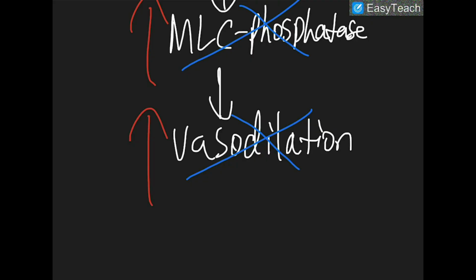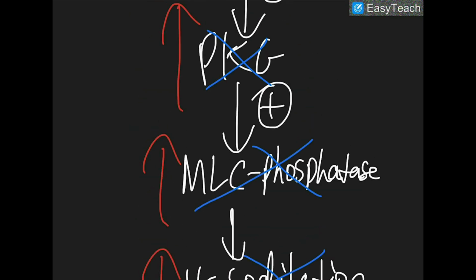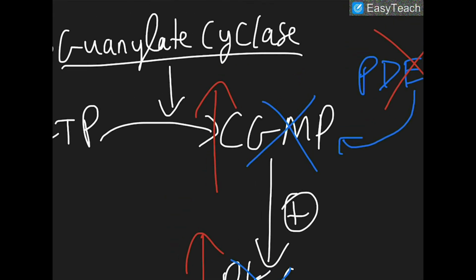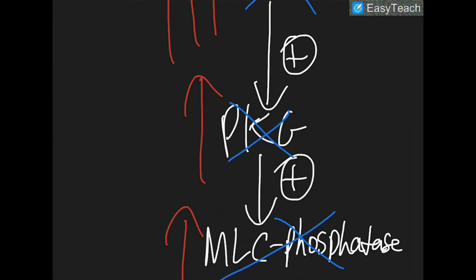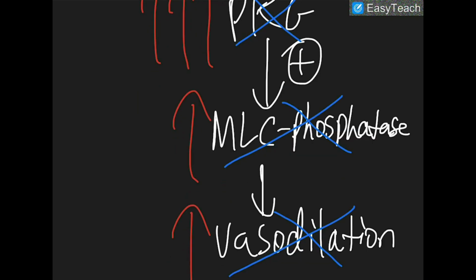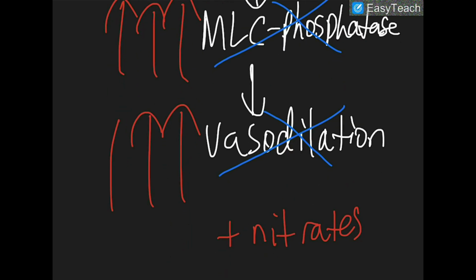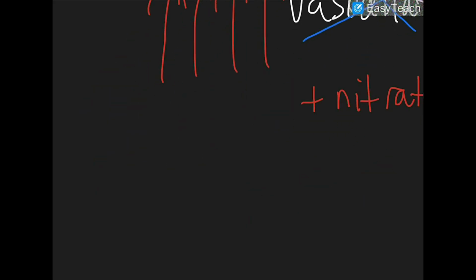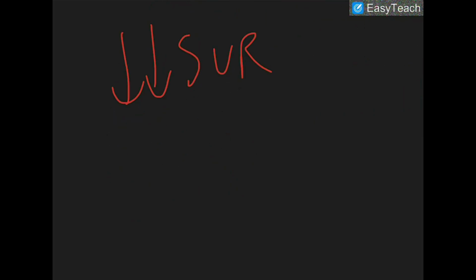But if you combine nitrates, that will be very dangerous, because nitrates increase cyclic GMP production, which means even more protein kinase G activation, more myosin light chain phosphatase activity, and more vasodilation. More vasodilation is not good because that significantly decreases systemic vascular resistance. What formula are we familiar with from cardiology, or from our previous videos?